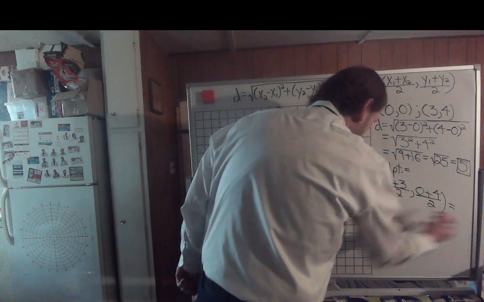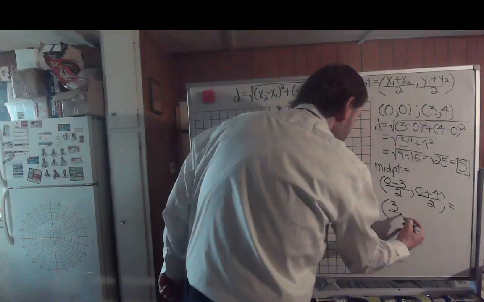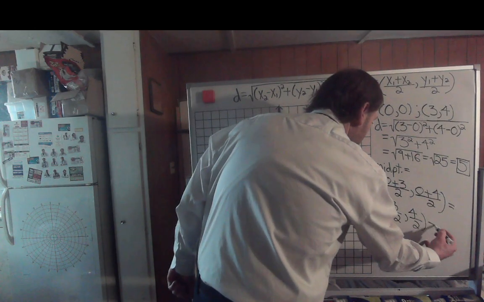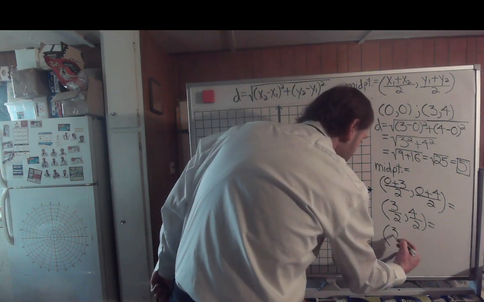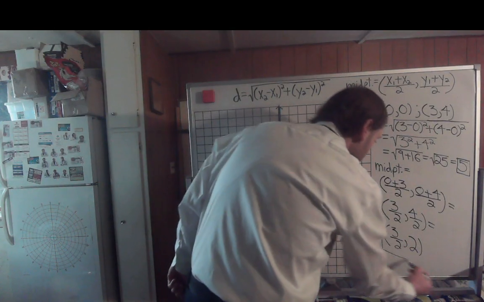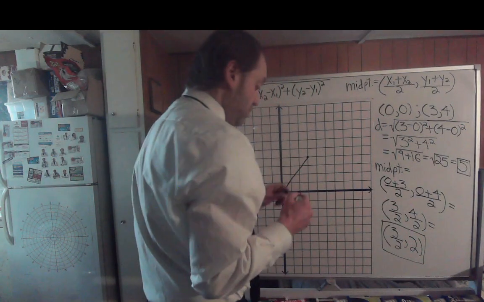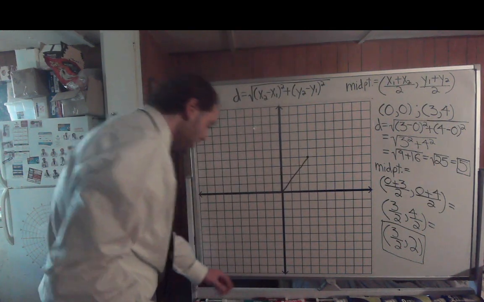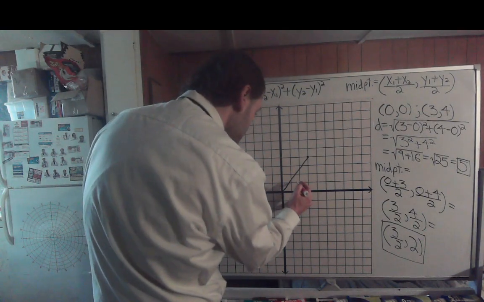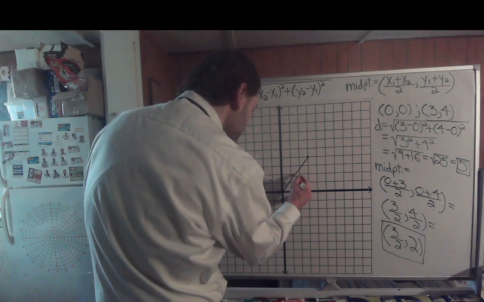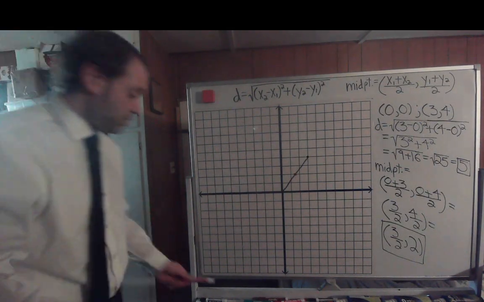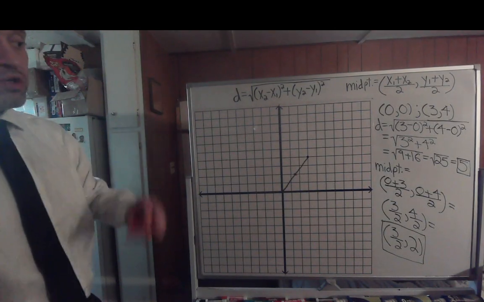Well, that would simplify into 3 over 2, and then 4 over 2, which when we simplify the final time would make my midpoint at 3/2, 2. So the midpoint of 0, 0, 3, 4 is at 3/2, 2, which is going to be 1.5, 2. So that's going to be right here. And there's my midpoint at 3/2, 2, right there. So that's basically all we're doing to start with.